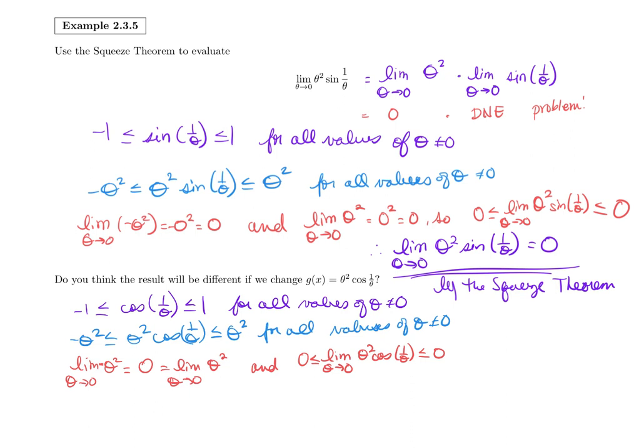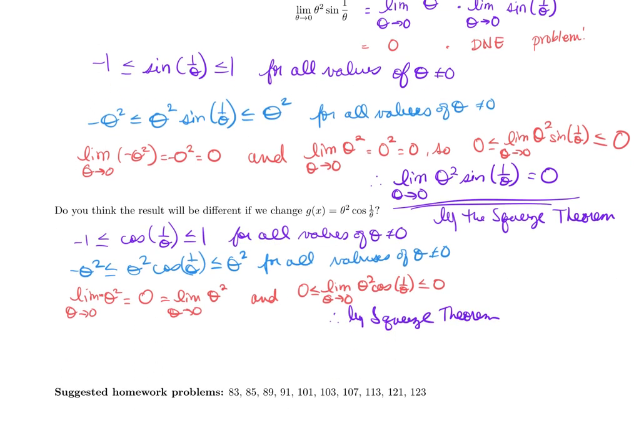And therefore, by the squeeze theorem, let me scooch this up so I can finish writing. Then we know that the limit as theta approaches 0 of theta squared cosine of 1 over theta is also 0.